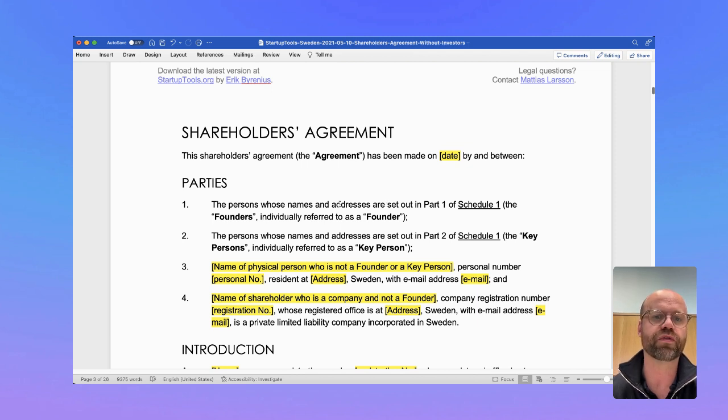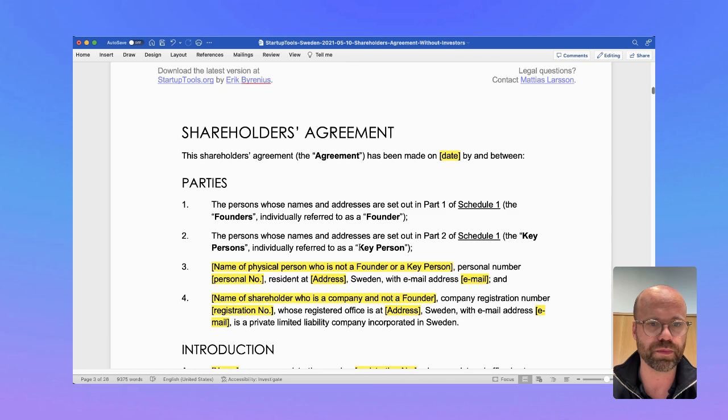Some of them are referred to as, for instance, founders or key persons. They can be physical persons, they can be companies, but nevertheless, the people who are referred to as founders are later on given special consideration in this agreement.